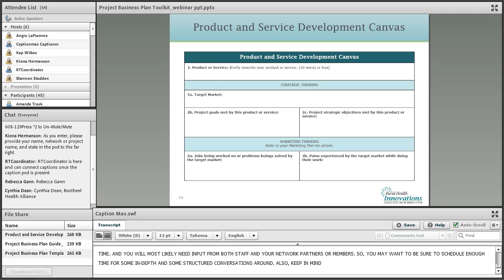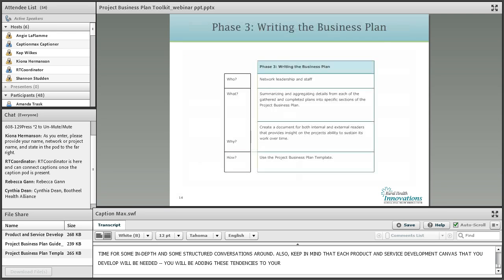Getting back to the product and service development canvas, once you've completed a canvas for each of your products and services, you'll then have all the information you need to write your project business plan. Maybe just a little side note that this planning work may take some time, and you'll most likely need input from both staff and your network partners or members.